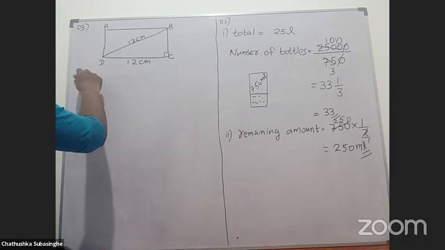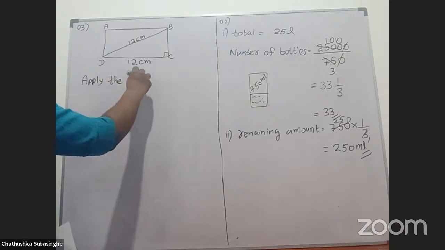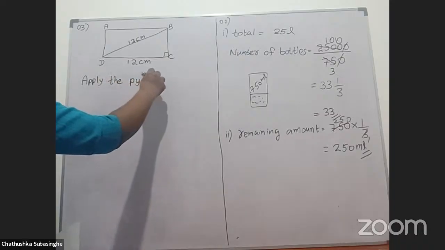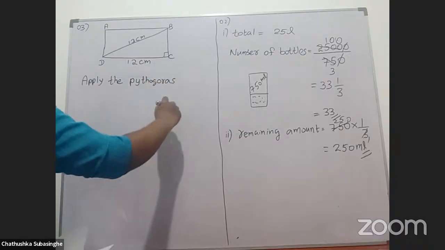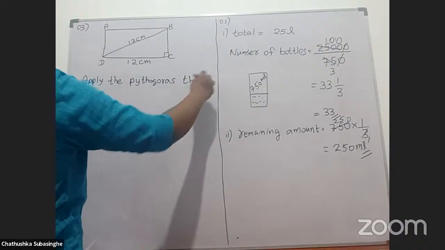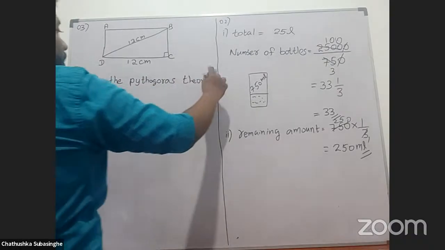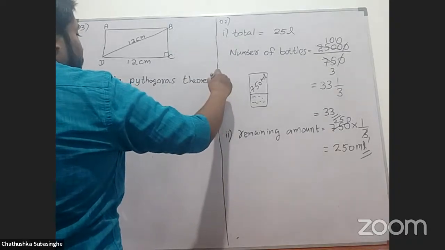So I'm going to apply the Pythagoras theorem to the triangle ABD.